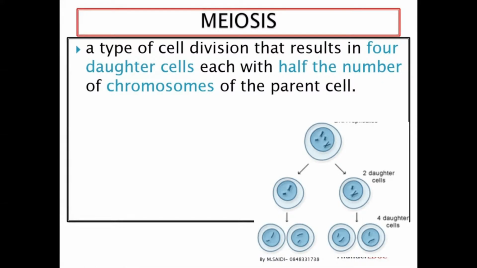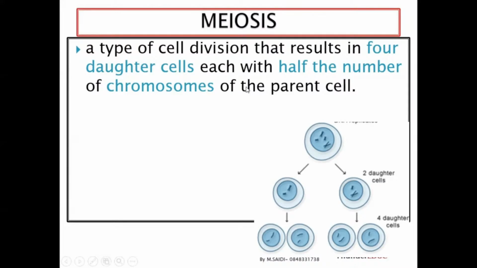If you started with 4 chromosomes, it means that these cells will result in 2 chromosomes. That's why we say half the chromosome number of that of the parent. If the body cell has 46 chromosomes, then the reproductive cells or the daughter cells resulting from that are going to have 23.